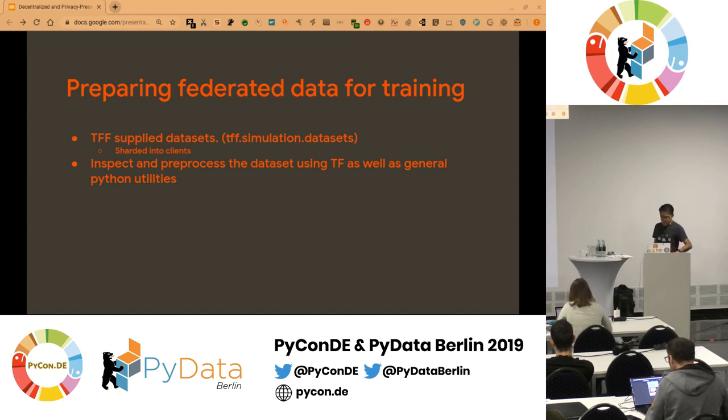TFF supplies that same data set in a federated format, right? So it's ready to use, and I'll show you in a second. And there's a project called Leaf that took some of these data sets and made them palatable for federated learning.